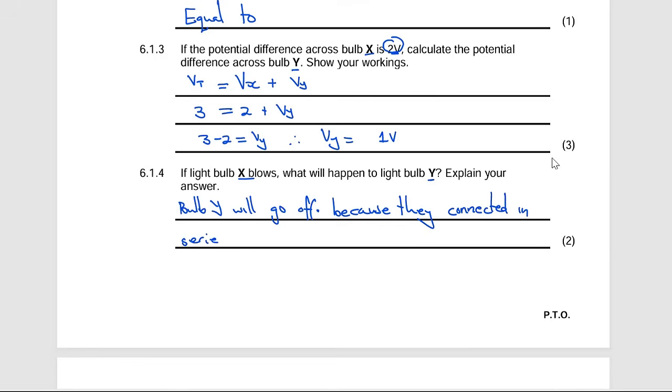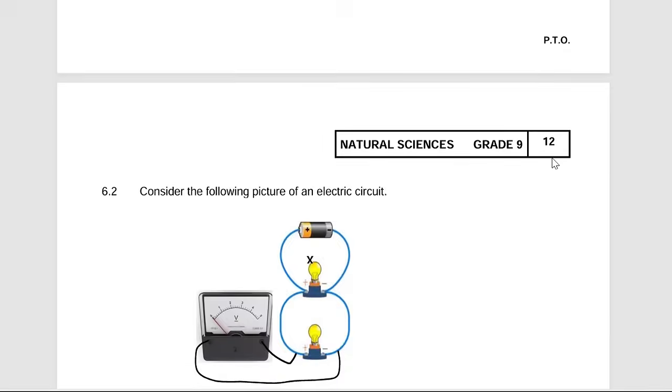If they were in parallel, current would find an alternative route to reach that other part. So bulb X acts as a switch. Once it burns out or blows, it means now the switch is off.